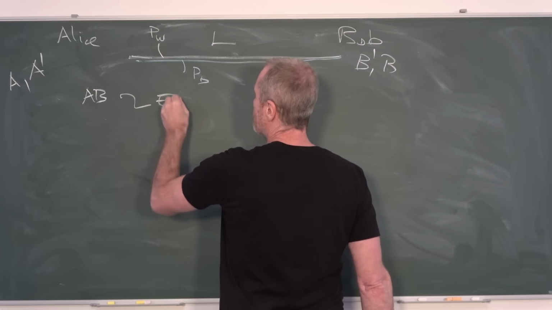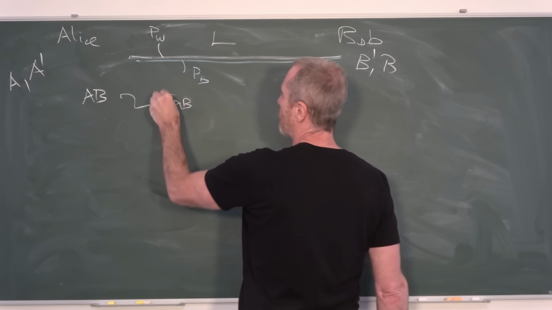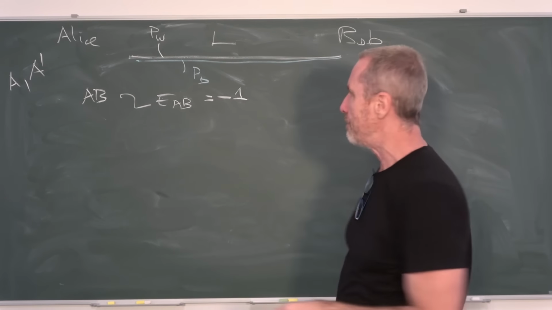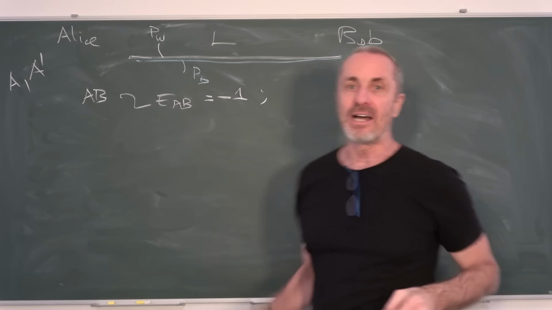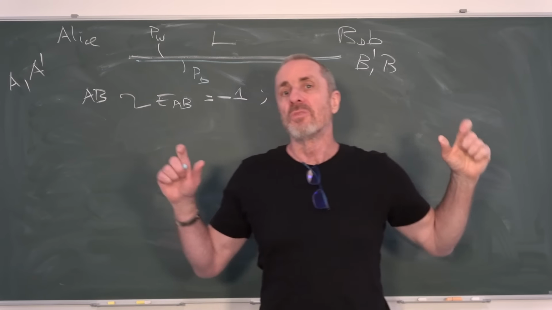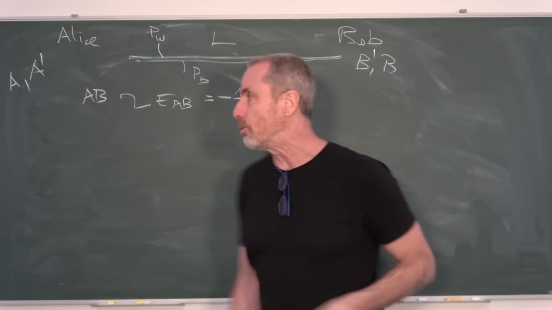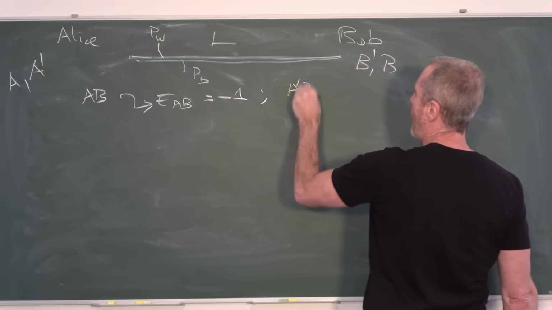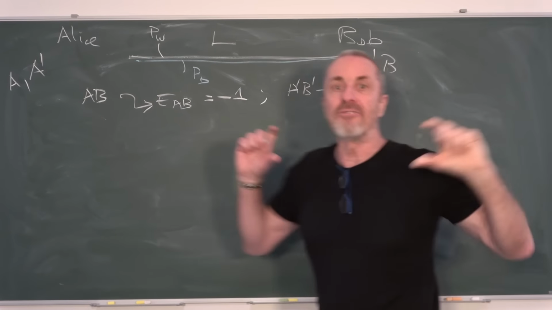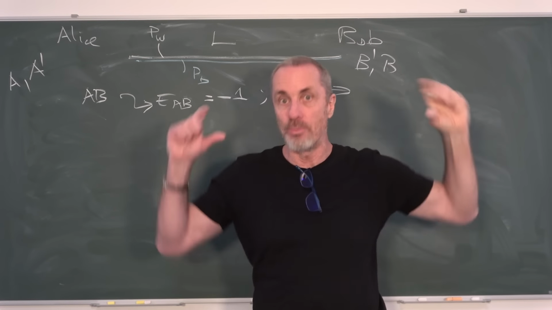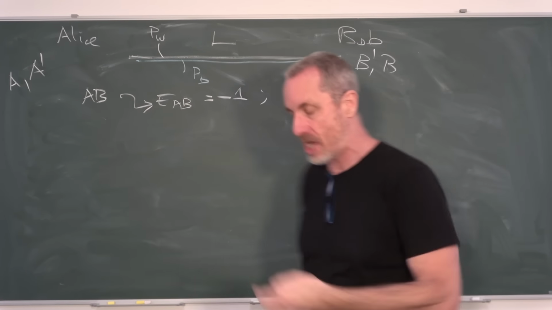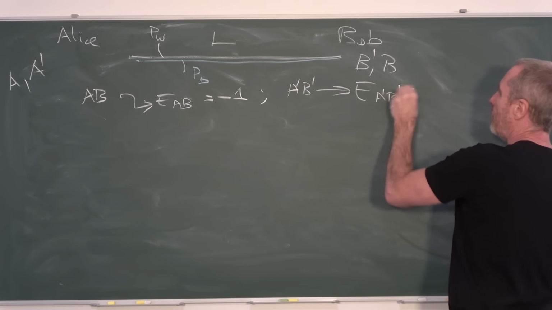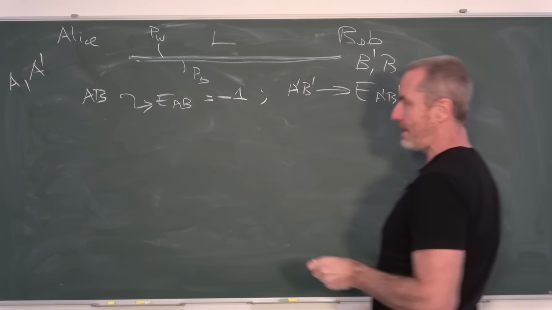So here, of course, the correlation function E(AB) will always be equal to -1. And also the fact that the string can change color doesn't change anything about the measurement A'B', because of course, even if the string can change color, Alice and Bob jointly only observe the same color. So this means that E(A'B') will be equal to +1.